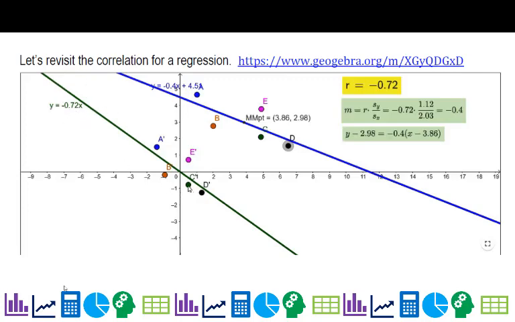So if I take this point, C1, actually, let's take this point B prime. B prime is roughly -1 standard deviations from the mean value of X. So that means we would expect the Y to be about 0.72 standard deviations above the Y mean. All right, you're probably going, wait, but it's below.